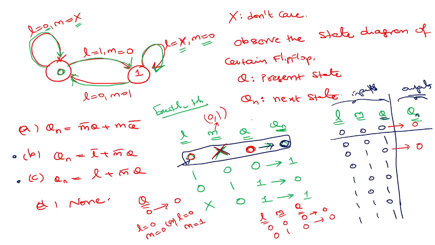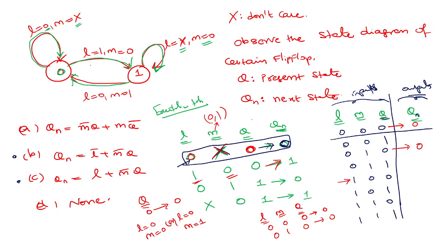Then the next condition. Let's see this. L equal to 1, M equal to 0. Then Q will move from, there is no other ambiguity here. Okay. 1, 0, then 0. I mean, the output will move from, if you apply L equal to 1, M equal to 0. Where is L equal to 1, M equal to 0? Here.